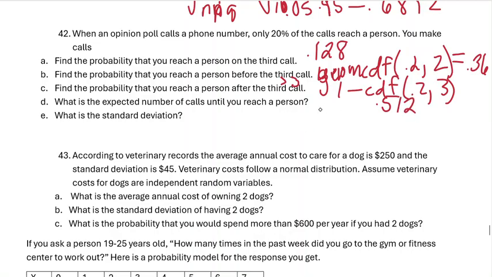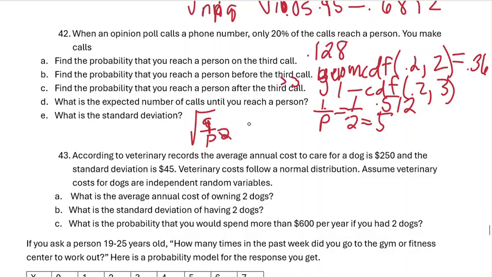What's the standard deviation? The formula for standard deviation for geometric is 1 over p, which is 1 over 0.2, which is 5, and the square root of q over p squared.